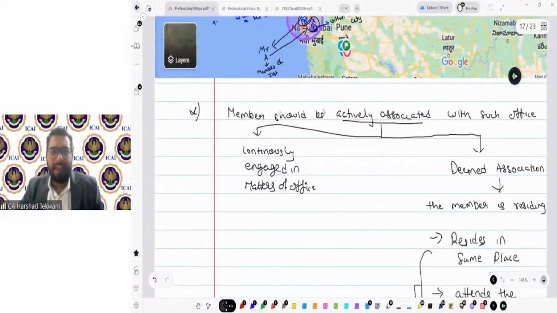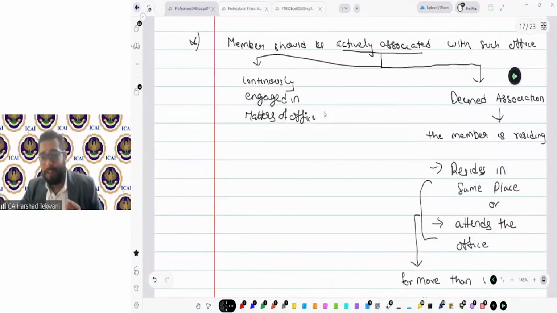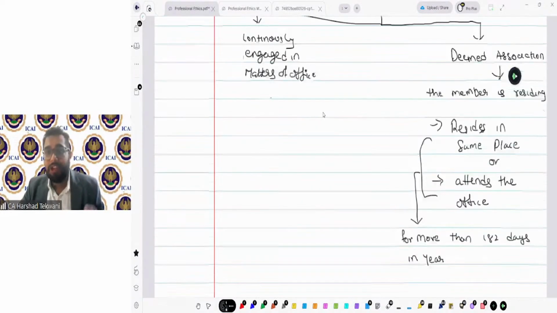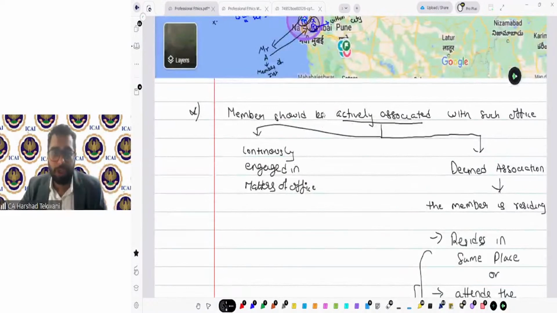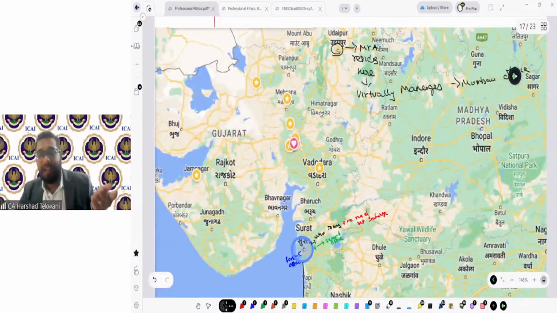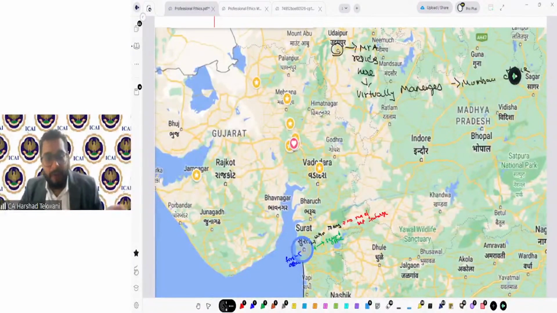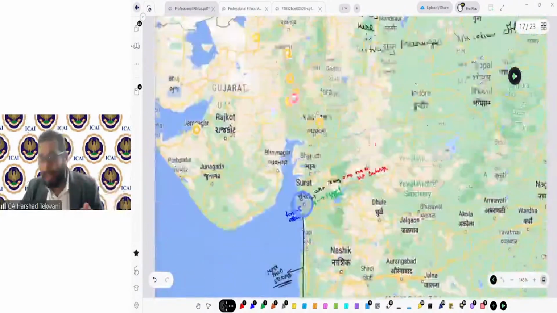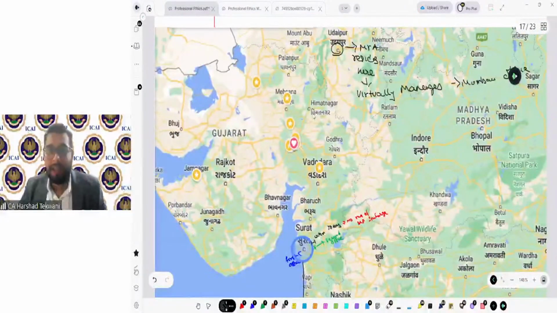If he is continuously engaged in the matters of the office, then I can call that member actively associated. But if the member resides in the same place where the office is, or attends the office for more than 182 days, I can call that member actively associated because of the concept of deemed association. So, if Mr. A resides in Udaipur and does not attend the office, but is actively involved in the matters of the office, then I can still call him actively associated.